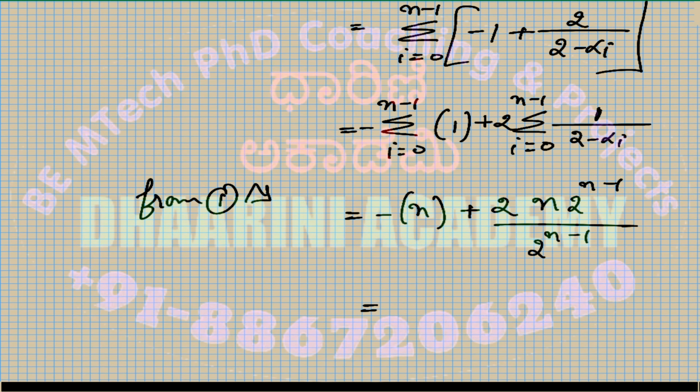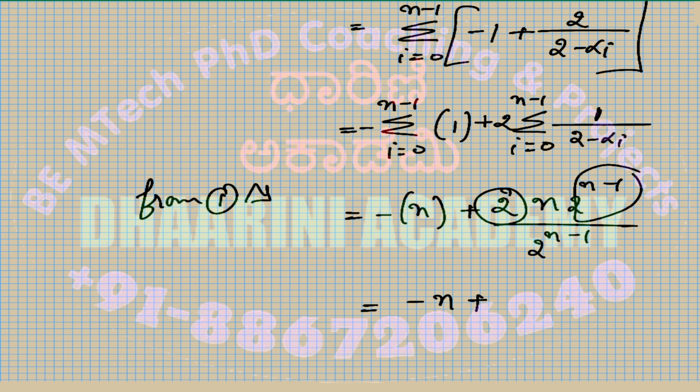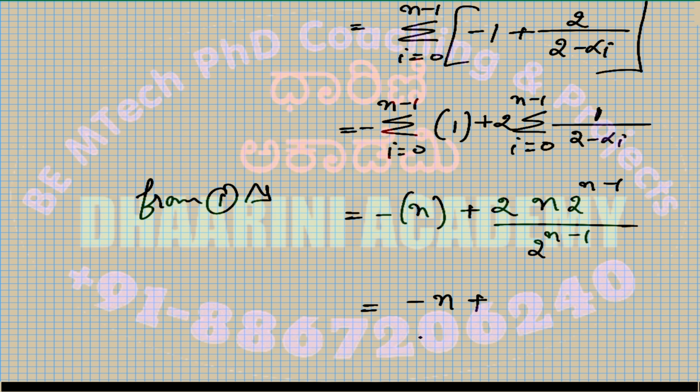Alright, so simplifying this further, I can write this as minus n plus, ಈ 2 ಅನ್ನು 2 to the n minus 1 ಜೊತೆಗೆ club ಮಾಡ್ತೀನಿ. So that is 2 to the n. So n into 2 into 2 to the n minus 1 is actually 2 to the power n. Okay, so I am going to write this as n into 2 to the n whole divided by 2 to the n minus 1.